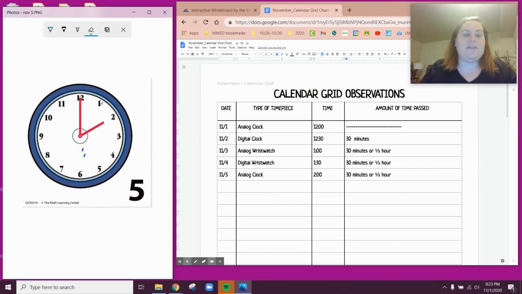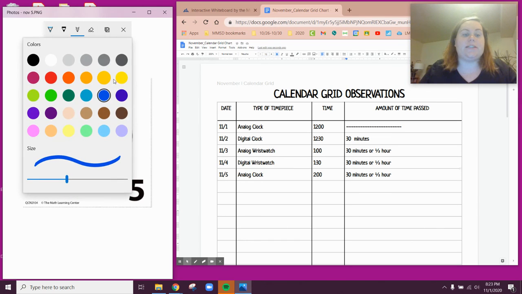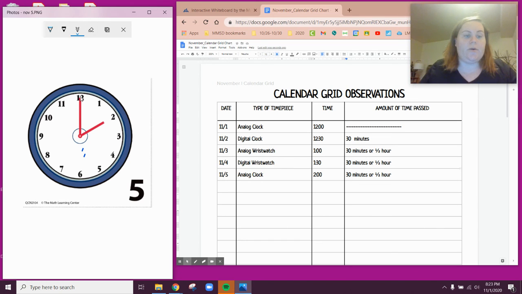A half an hour means that half of the hour has passed. So in the yellow, when I mean a half an hour, I mean that this much time has passed. It goes 5, 10, 15, 20, 25, 30. That means 30 minutes have passed, which is half of the hour.